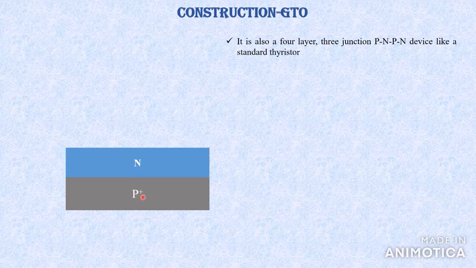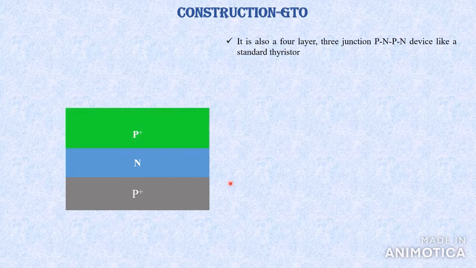The plus sign indicates the doping level. Now another heavily doped P plus region is formed over here. Once this heavily doped P plus region is formed, two N plus regions are diffused. N plus means heavily doped regions.